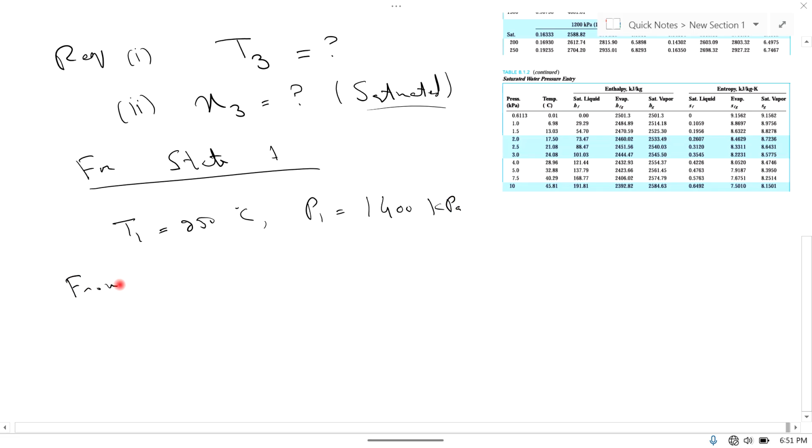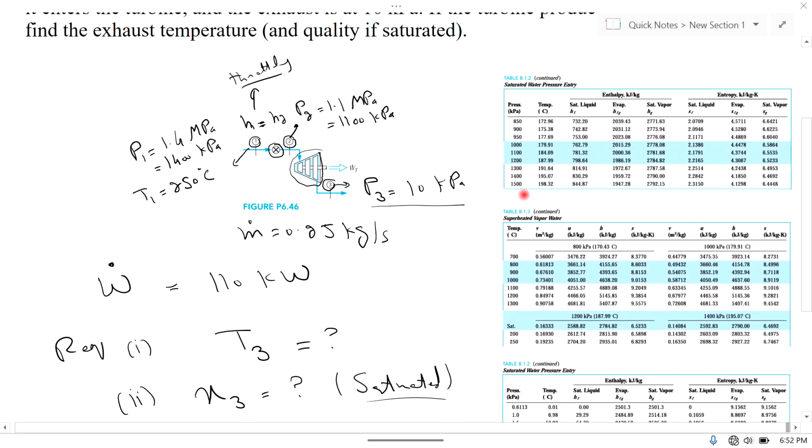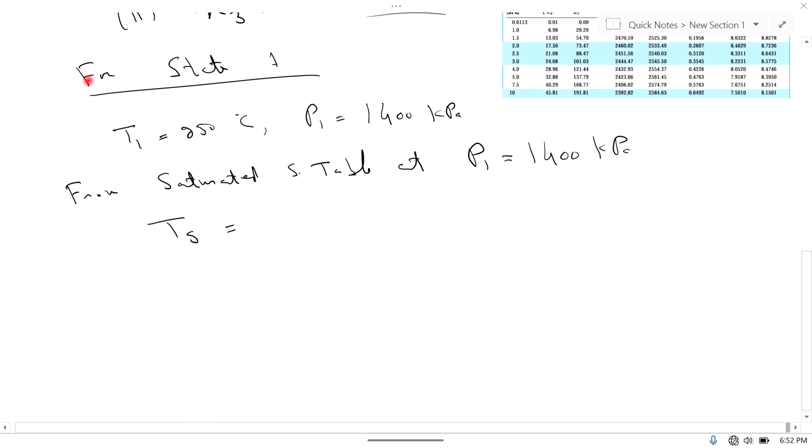So first we check whether point 1 is in the superheated region or saturated. From the saturated steam table, at pressure P1 equal to 1400 kilopascal, find the saturation temperature. At this pressure the saturation temperature is 195.07 degrees centigrade.